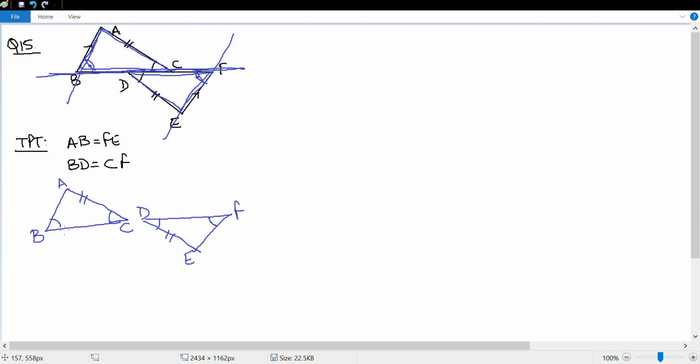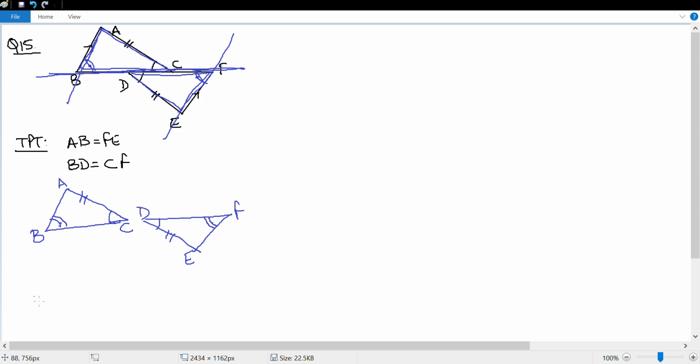So I've got an angle and I've got a side. Let's check if it is the corresponding side. This is my angle with two lines, and this is my angle with two lines, and C and D are equal. So this side is opposite the double line angle, and this side is opposite the double line angle.